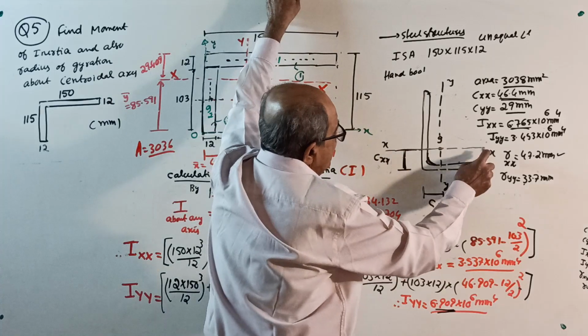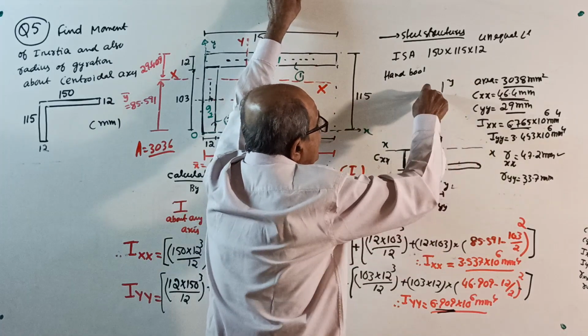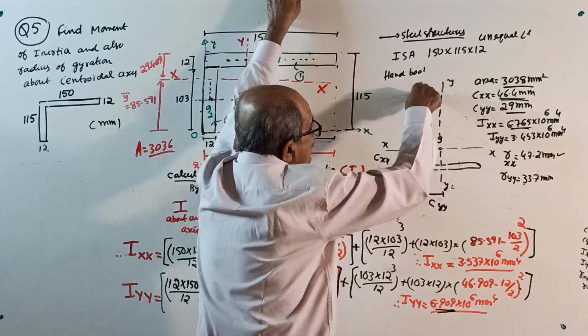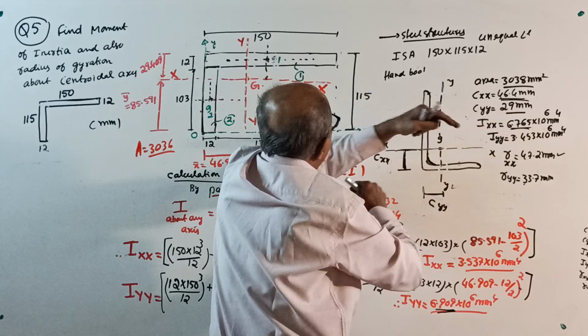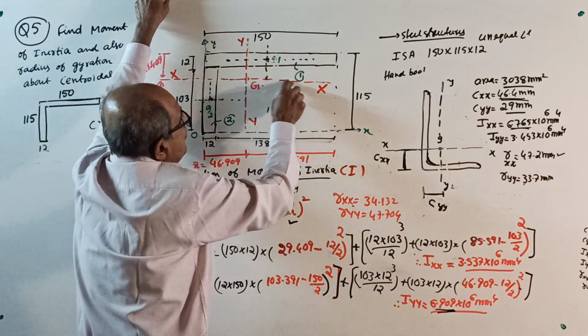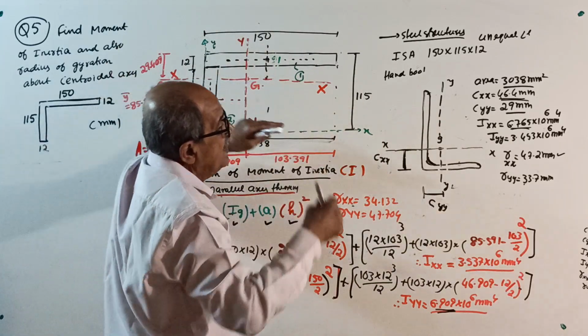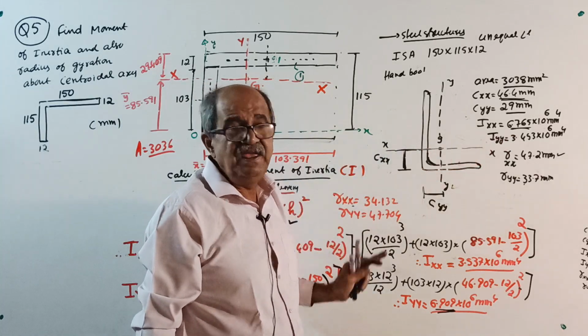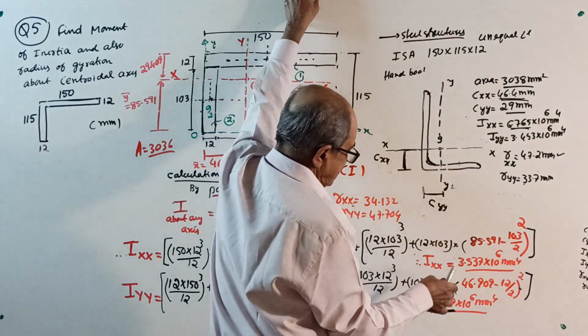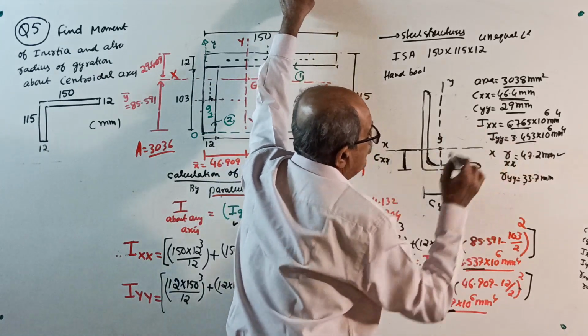And whatever they tell as I about yy there, that is parallel to the longer side here. You turn it here, and that is nothing but the x axis. So whatever they gave as Iyy should be your Ixx in the class. Ixx in the class is 3.357, 3.453.